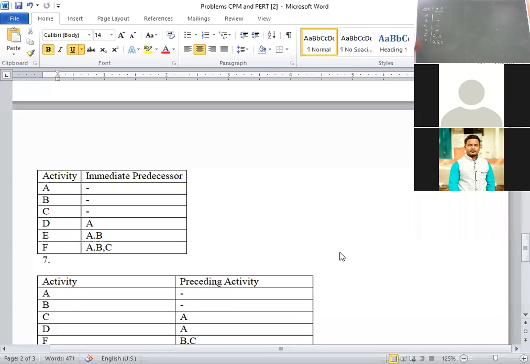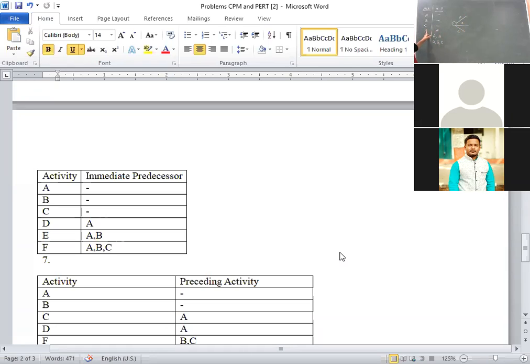A, B and C doesn't have any preceding activities. Anybody completed? A, B and C doesn't have any predecessors.